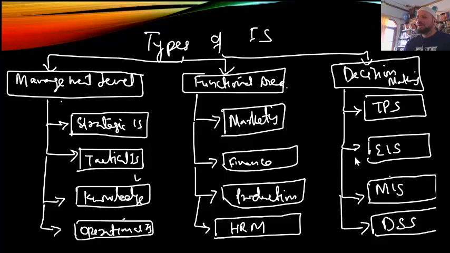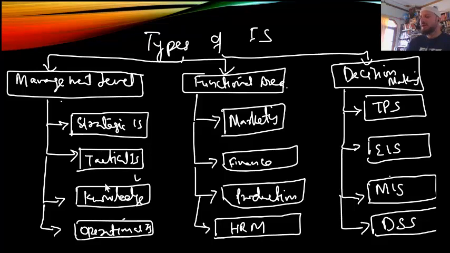Now all of this, whatever we have written here, is something which helps an organization with decision making. Okay, because organizations rely on information systems which allow for the processing and analysis of information. So if you see here, we got TPS, EIS, MIS, DSS. All of them work on a particular level only.